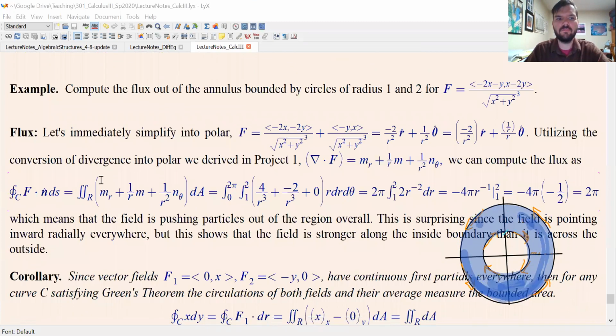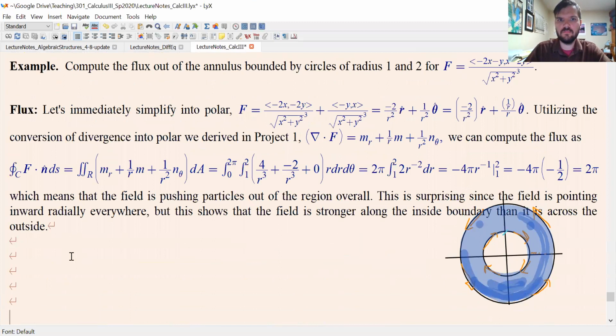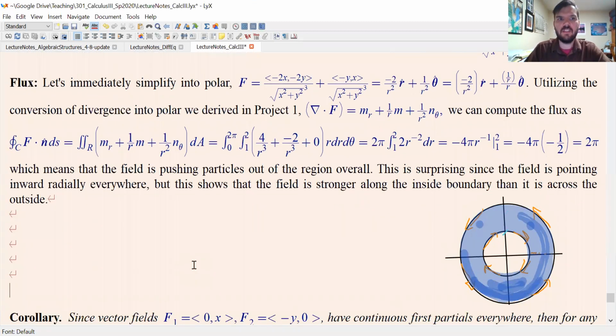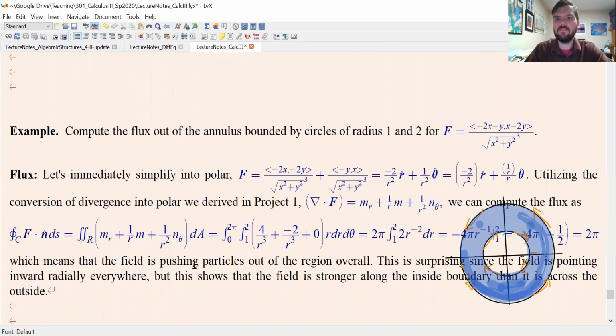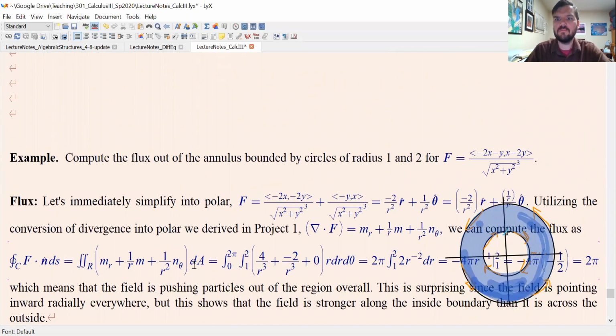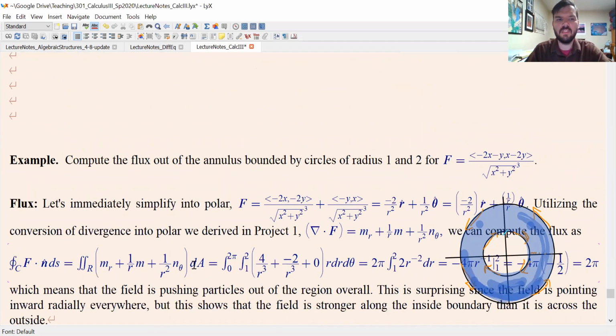So now let's look at a similar problem. Make some space.